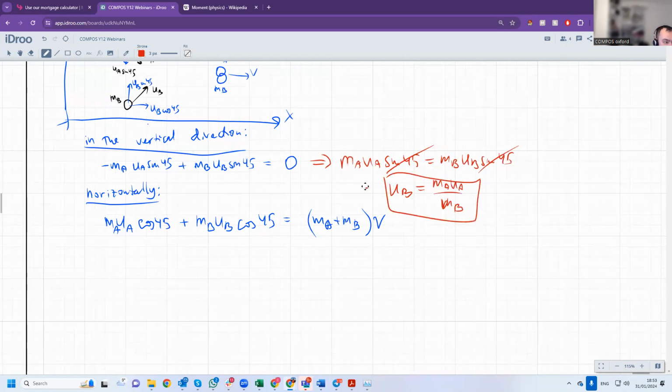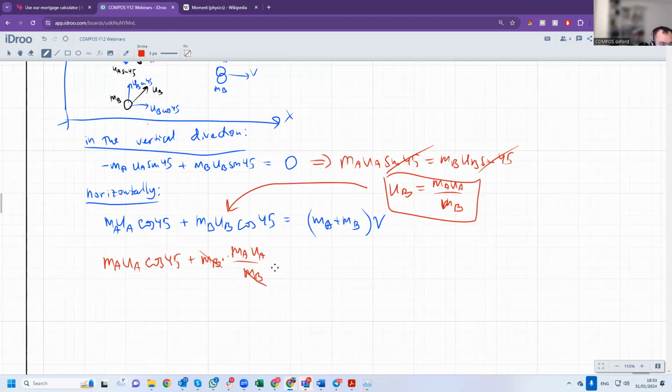We can substitute that in here. So MA UA cos 45 plus MB multiplied by UB, which is MA UA over MB.